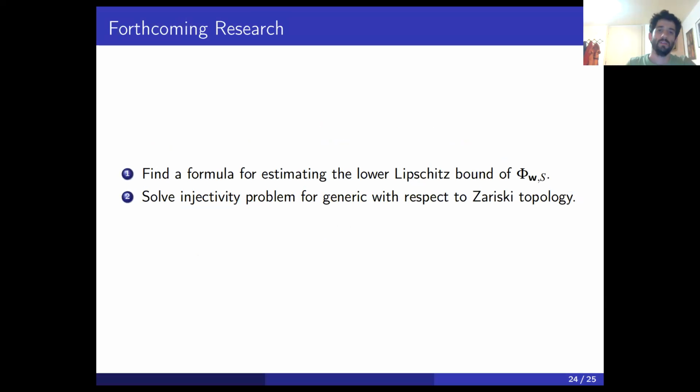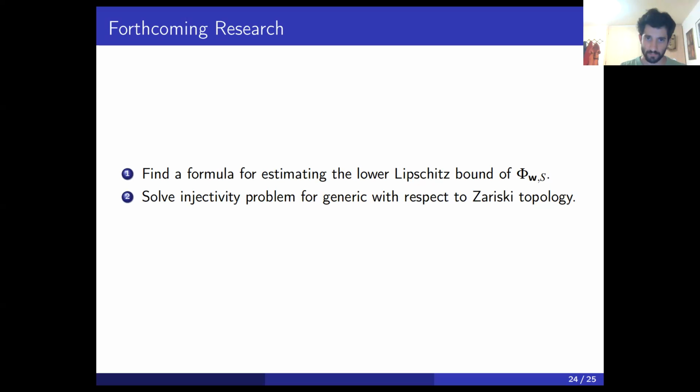Now for future problems, there are two problems that I don't know if they're already solved, but I find them interesting. The first is to find a formula for estimating the lower Lipschitz bound for phi of ws, because we showed that injectivity implies stability, but we didn't provide any formula for the lower Lipschitz bound, and this is what we want.